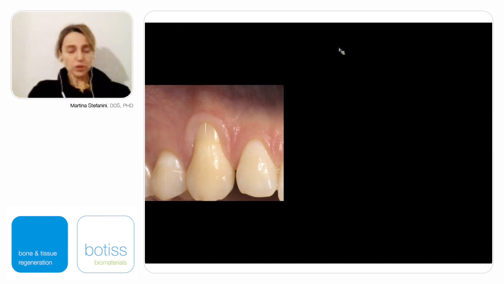So I want to explain to you how to perform the coronally advanced flap, trapezoidal shape flap design, for the treatment of single gingival recession. First thing is to measure the gingival recession plus 1 millimeter.